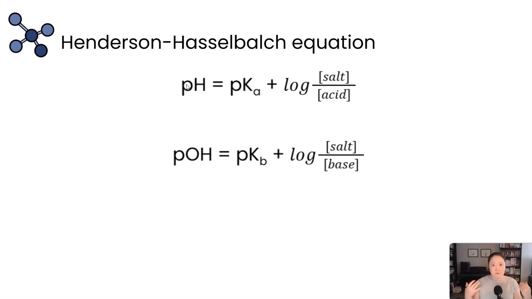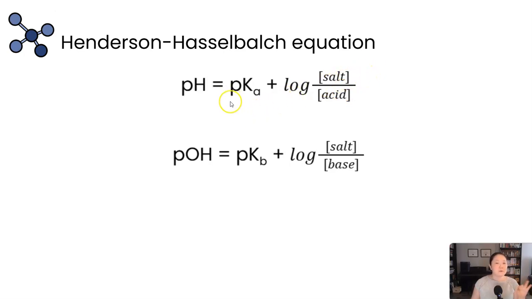On the other hand, if you want to make a buffer solution that is of a specific pH, well, at the end of the day, you have to remember that with your buffer solution, you do want considerable amounts of your salt and your acid. So you're probably going to really want to have the same concentrations of these. So that means this is going to end up being log of 1, which means that becomes 0.